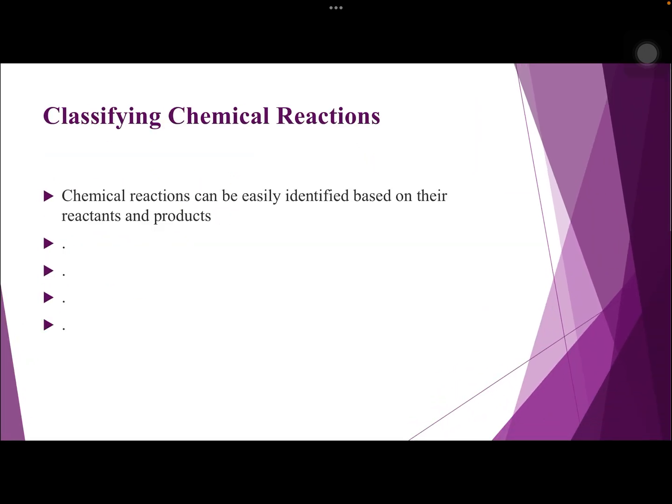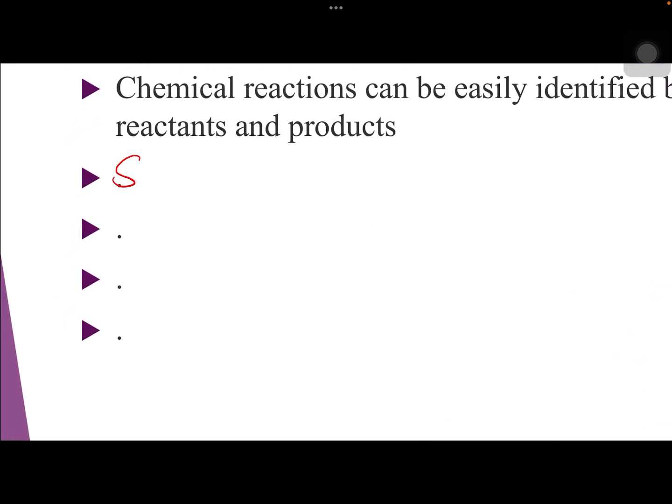So for chemical reactions, you can classify them based on the format that they take. So when you look at the equation and you look and see what's on the left-hand side of the arrow and what's on the right-hand side of the arrow, you can put reactions into one of 4 different categories. Of course, there's plenty more than this, but for now, we're looking at 4 different types of reactions.